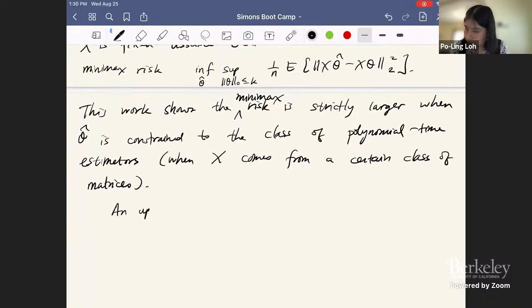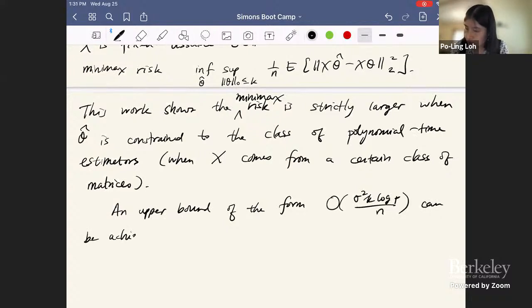So an upper bound of the form order of sigma squared k log p over n can be achieved by taking the estimator theta hat equal to the arg min over theta in the sparse ball.